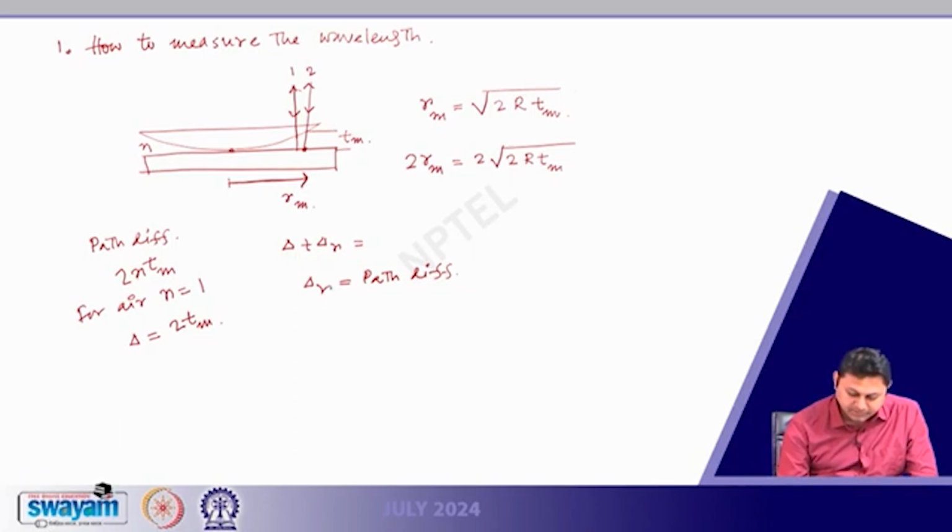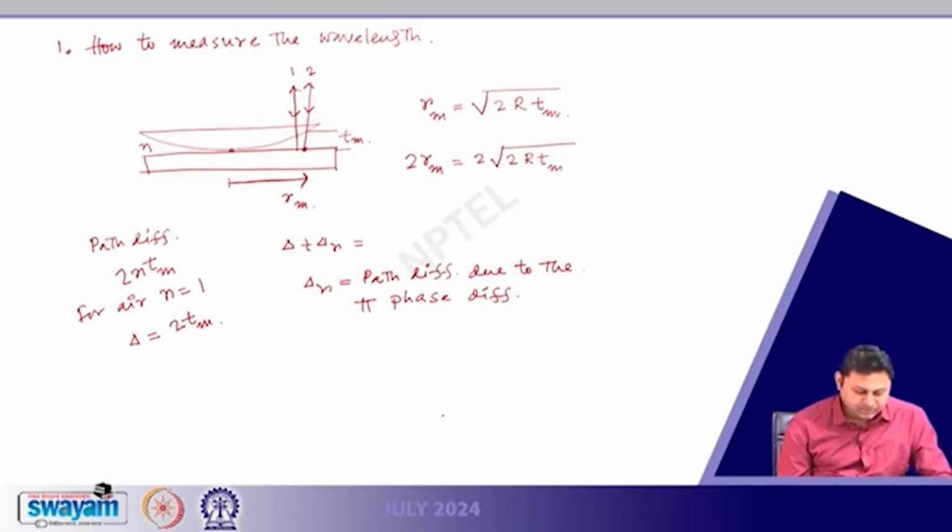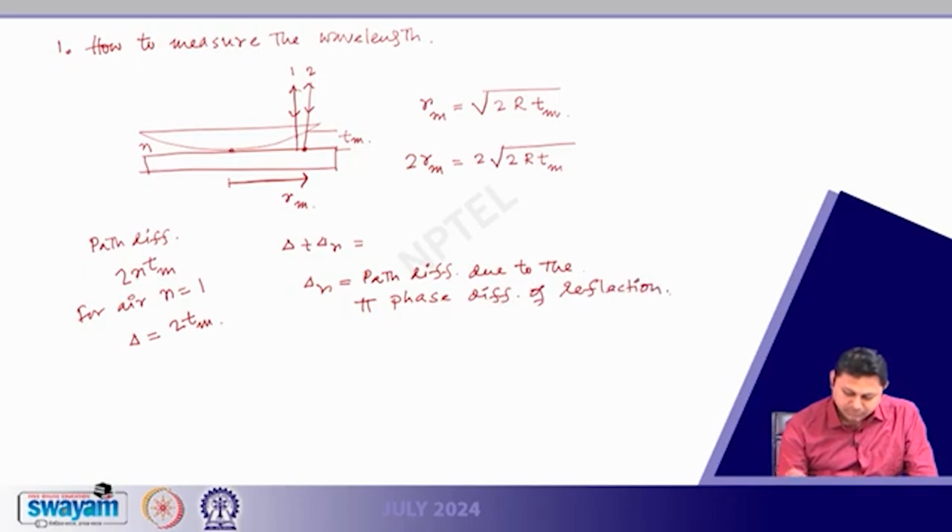So, delta r is a path difference due to the pi phase difference of reflection. So, delta r is equal to lambda by 2.